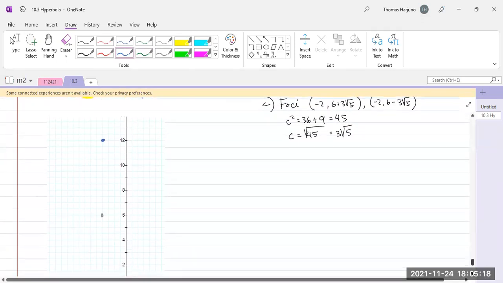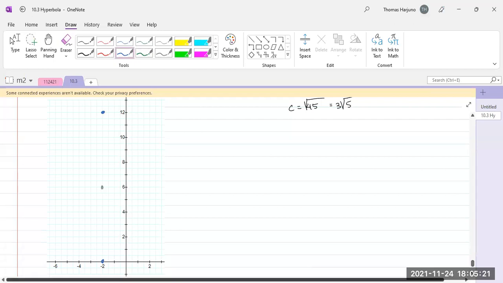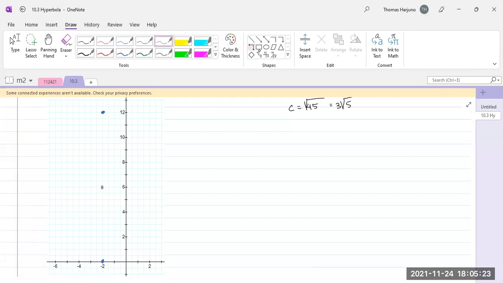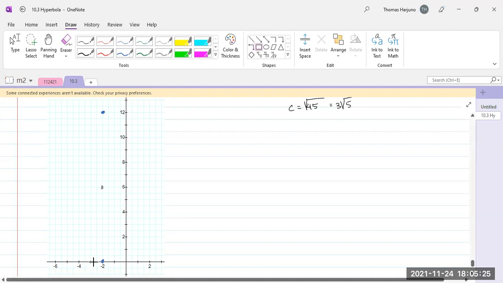The rectangle is 6 up, down, 3 left, right. So the rectangle will be 3 left, right, 6 up, down. Yeah, approximately like this.